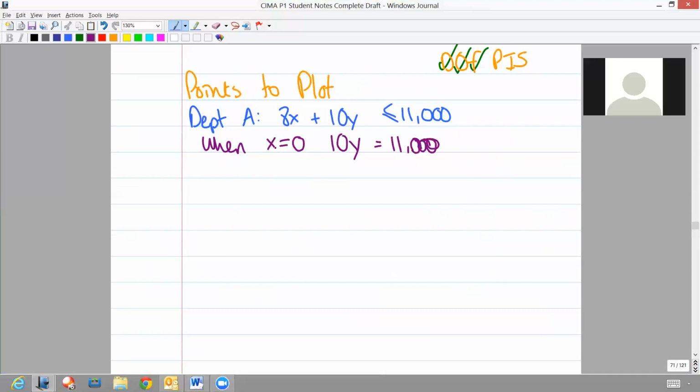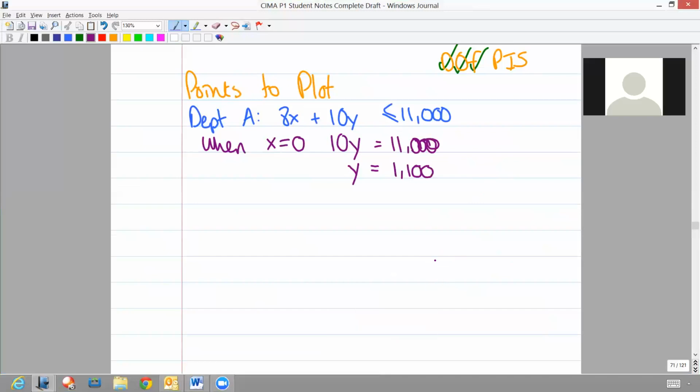Because we're not making any of x, we're going to make them all into y's. So how many y's could we produce then for 11,000 hours if each takes 10 hours? We could produce 1,100 y's in department A.